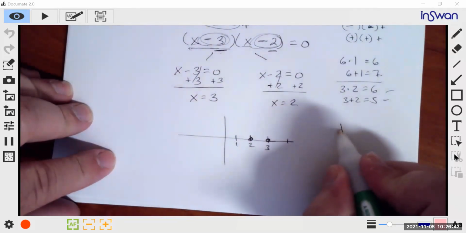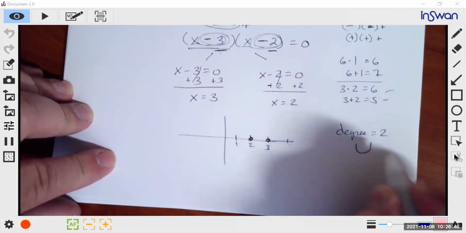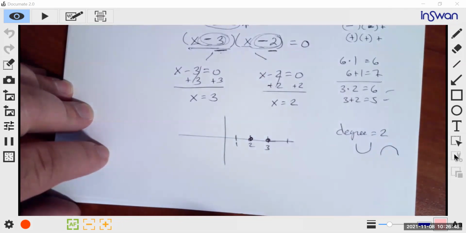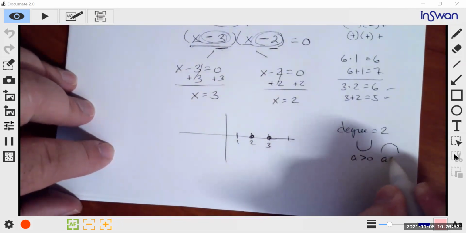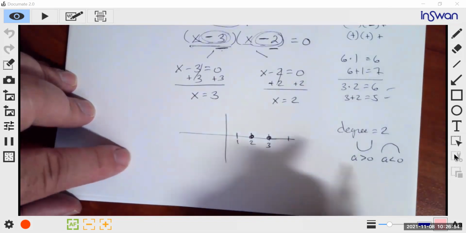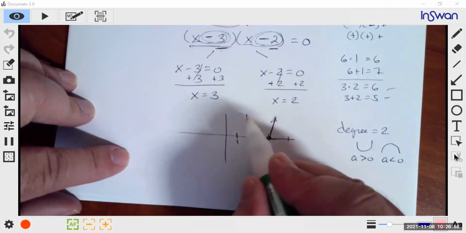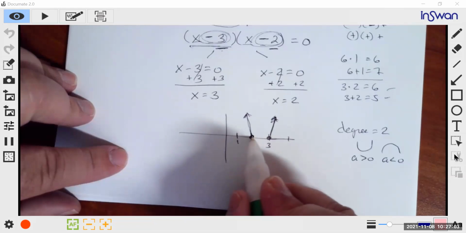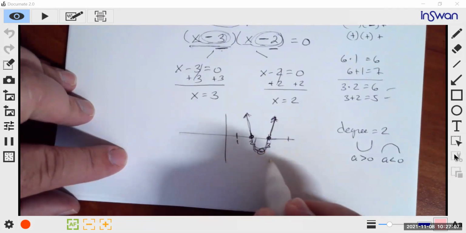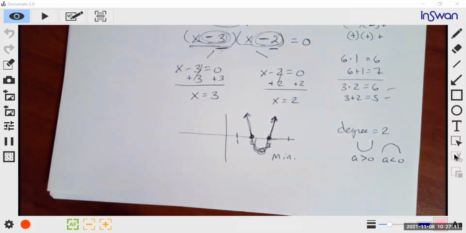Yeah, since the degree is 2, it's either a U or an N. If A is positive, if A is negative. Since A is positive, we know that both ends point up. That means we have a lower point here, a minimum, which is our vertex.